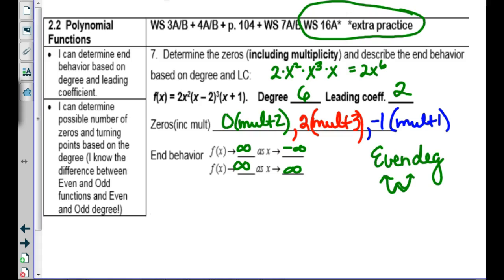Are we good? Even degree with a positive leading coefficient. And yes, you could take time to graph that on your calculator, but it's time not well spent.